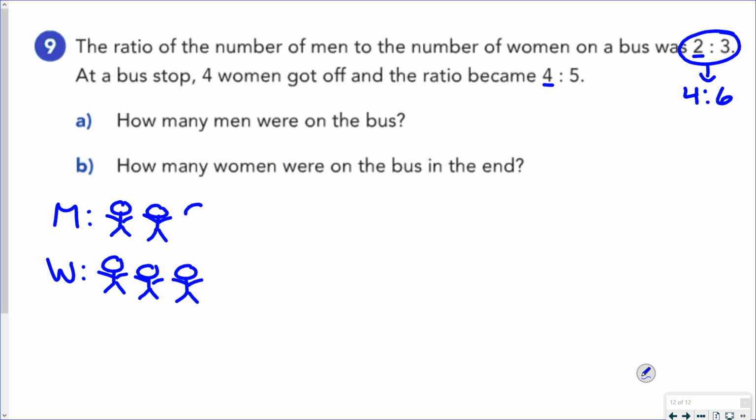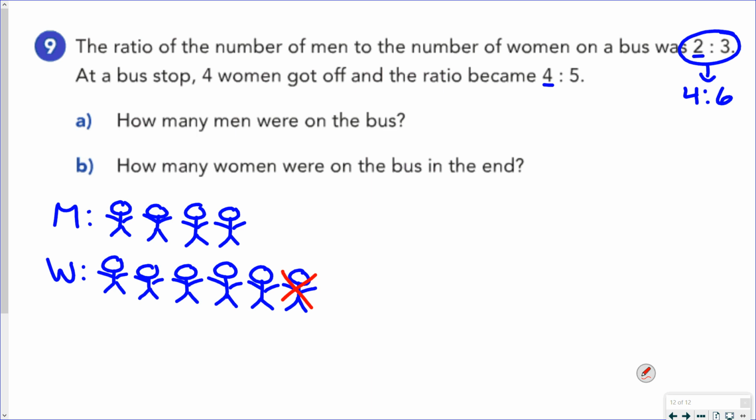So I make the adjustment on my picture. And it says 4 women got off the bus. That means they're leaving. That means they're going away. And the ratio became 4 to 5. Well, in order to get that ratio from 4 to 6 to 4 to 5, we take one set of women off the bus.